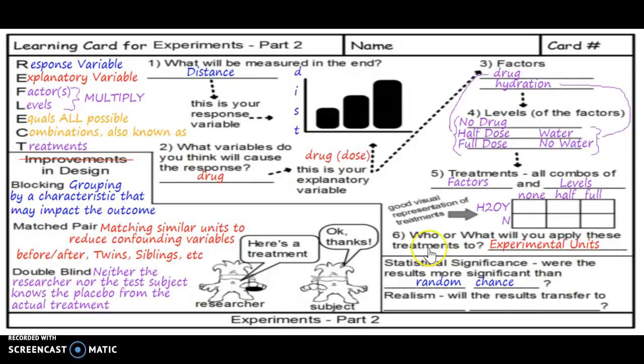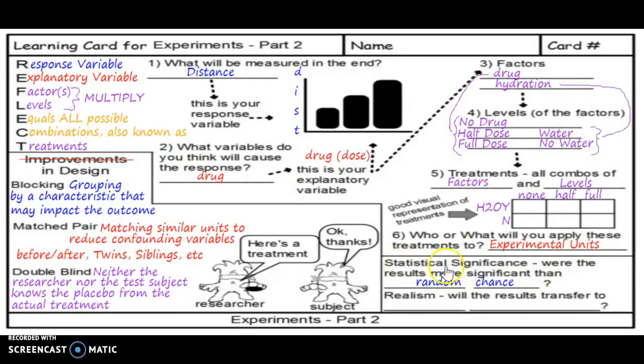The next part of the learning card that we'll look at is over here. It says statistical significance. So how do we know if something is statistically significant? Well, that's when we look at whether the results were more significant than random chance. Now, we're really going to get into statistical significance later on in the course.